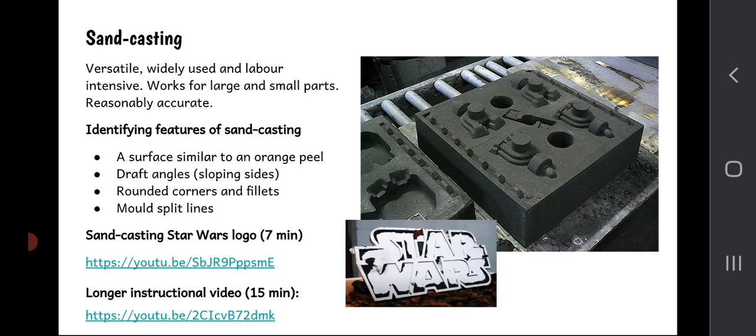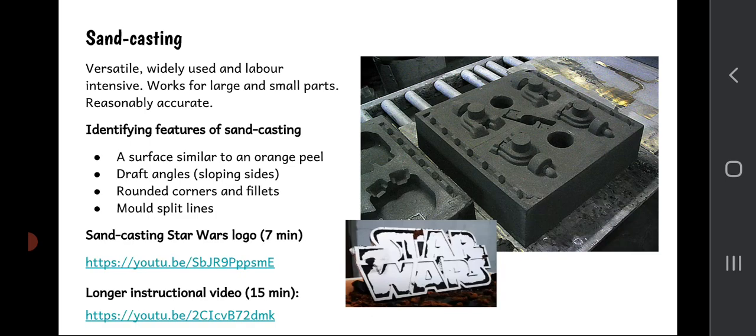Items that have been sand cast also have, if you look very closely at them, these things called draft angles, which means their sides are not exactly vertical. There's a very slight slope on them, and that's to ease the removal from the mould. Sand cast products also have quite a lot of rounded corners and rounded internal corners, which we call fillets.